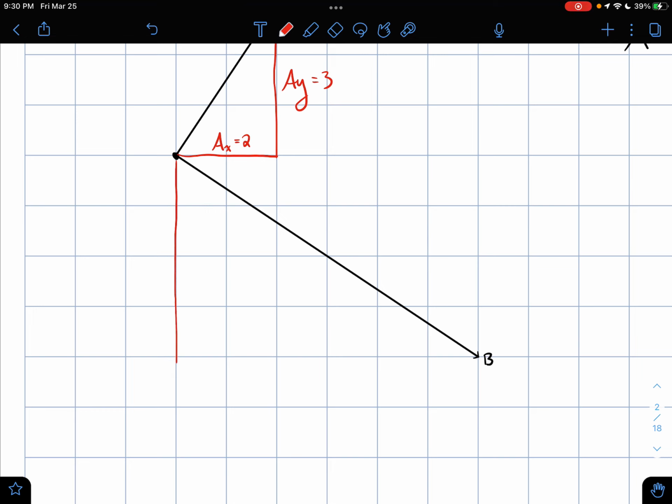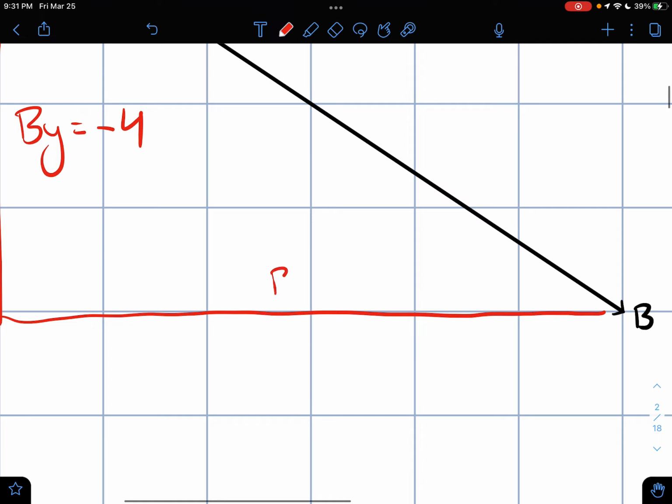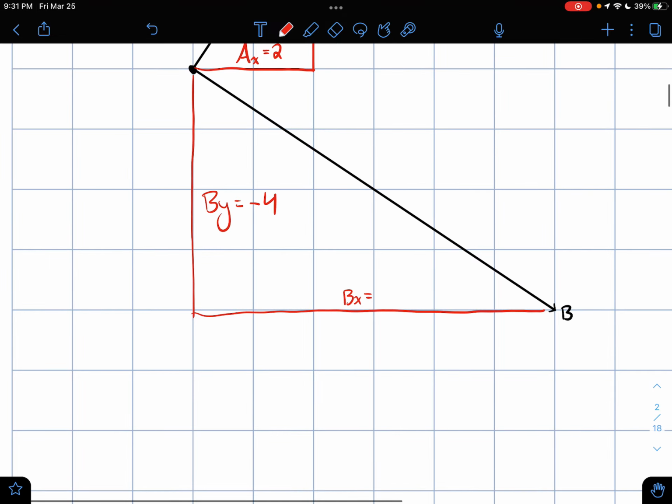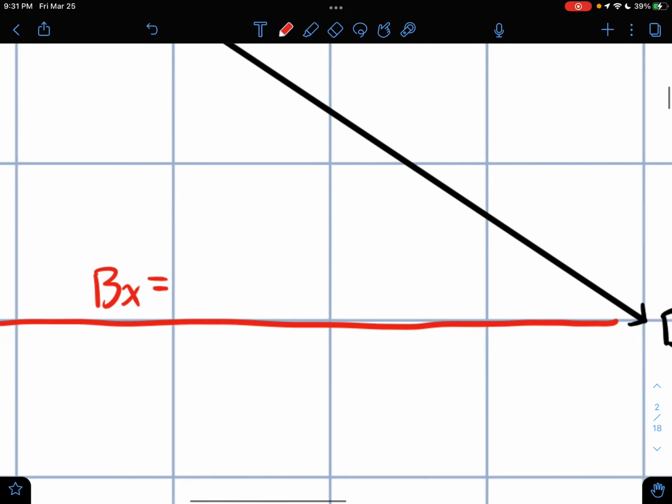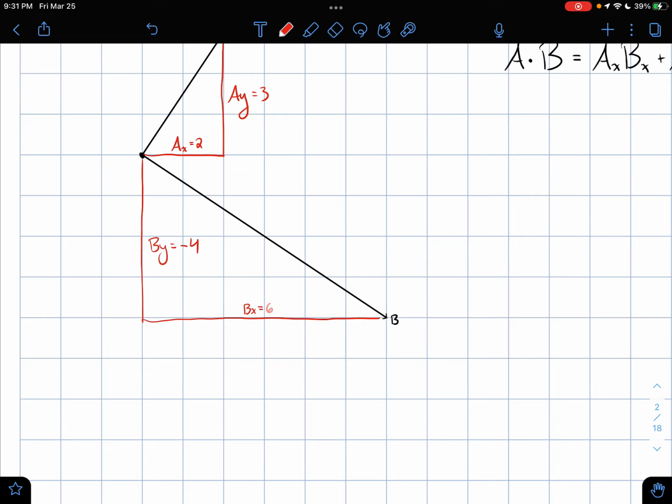This is going to be BY equals -4, right? Because we still have to keep track of the fact that it's going down. And this way, BX equals 1, 2, 3, 4, 5, 6, 6. Oh goodness, can't count tonight.